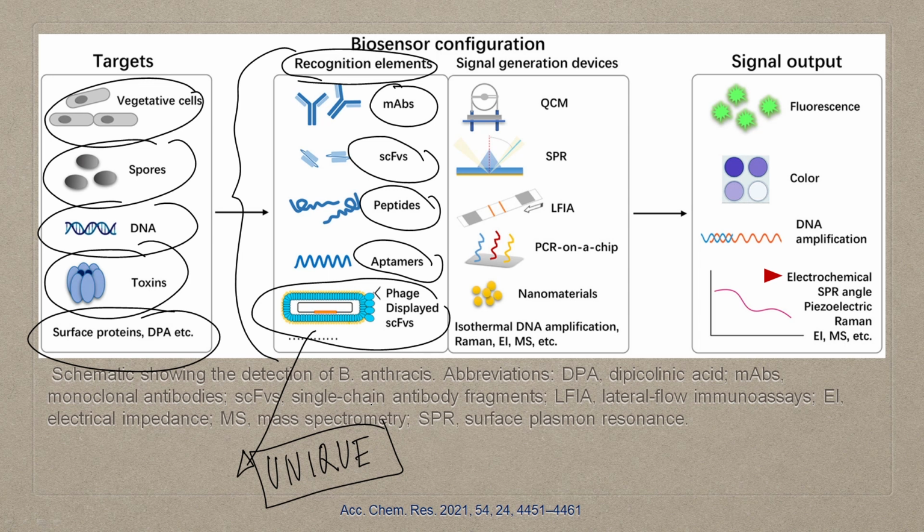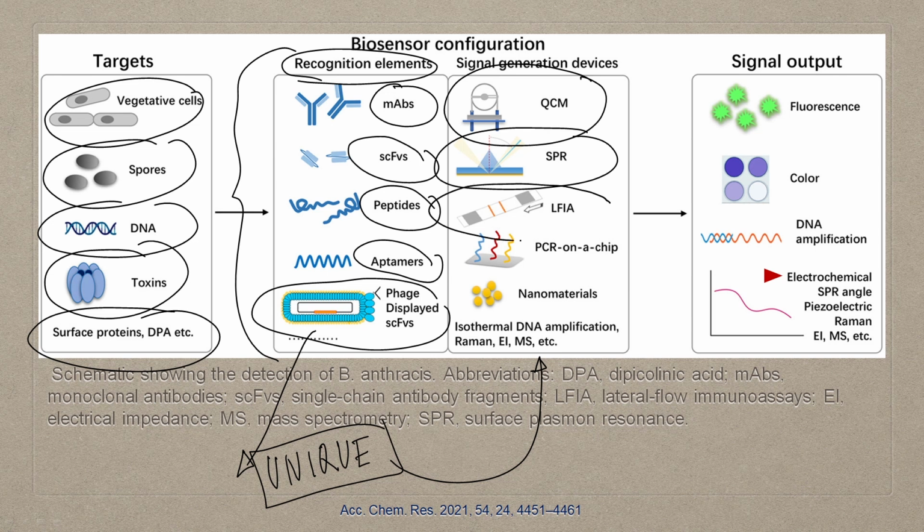Now, in order to study these unique signatures, you need methodologies. What are the methodologies? QCM, quartz crystal microbalance. This will be the first one we will be talking about very soon. SPR, surface plasmon resonance. LFIA, we talked about lateral flow immunoassays.